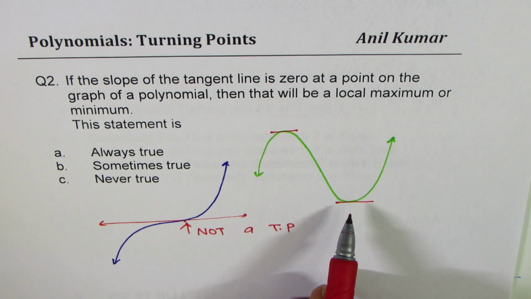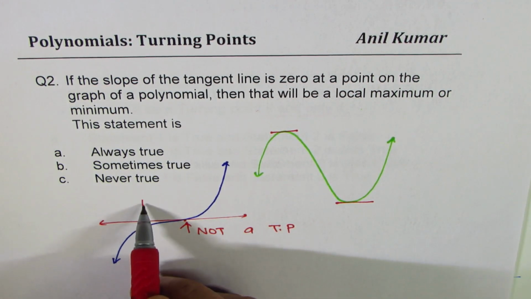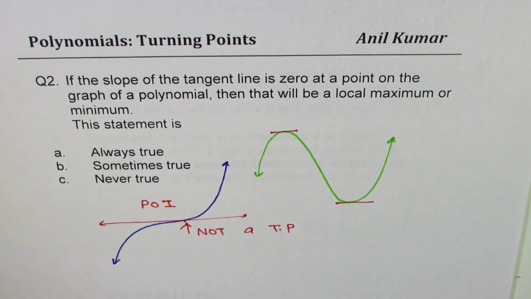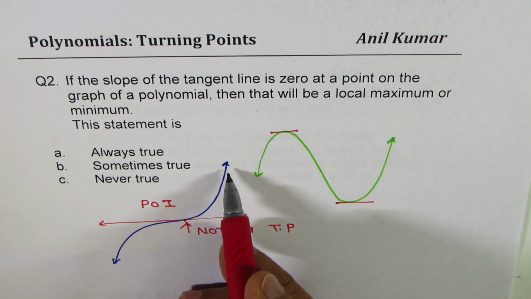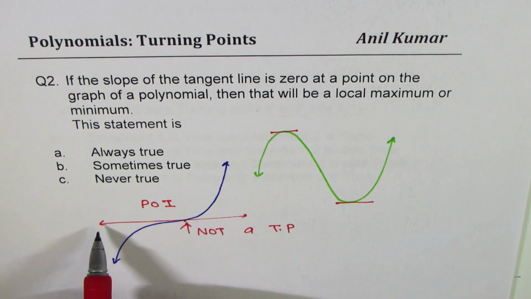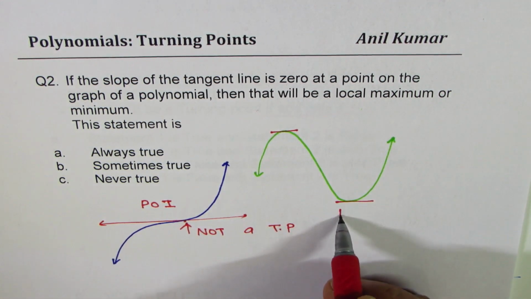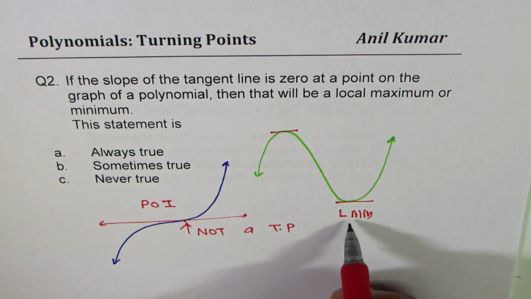Perfect. And therefore, even at a point of inflection, where the concavity changes, the slope will be horizontal. But that is not a turning point. That is not a local maximum or minimum, right? This is local minimum.